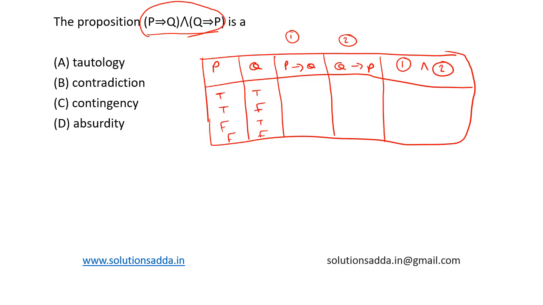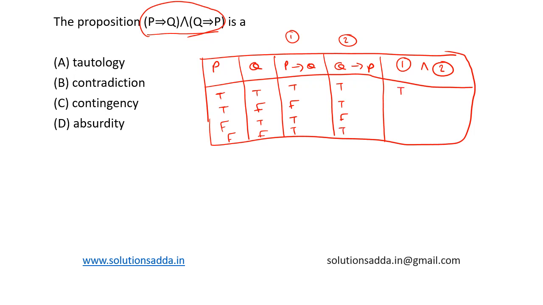For the rest of the cases, it is true. So this is true, this is false, this is true, and this is true. Similarly, Q implies P is false only when Q is true and P is false. So first case it is true, second case it is true, third case it is false, fourth case it is true. Now we are performing the AND operation.